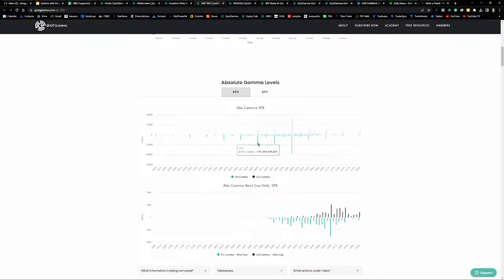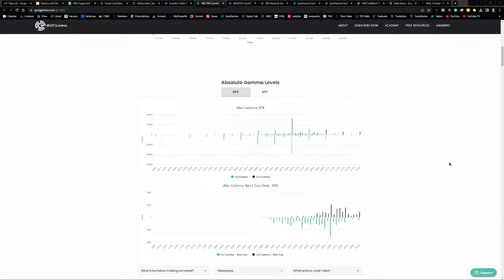That's the strike with the largest net negative gamma, and that can act as support for an index and sometimes for a stock, but more often than not, especially with an index like SPX, SPY, QQQ, you expect that to act as support. And then the call wall is up here at 4,200, the strike with the largest net positive gamma, and that can be expected to act as resistance. And notice that is pretty small, well out of play.